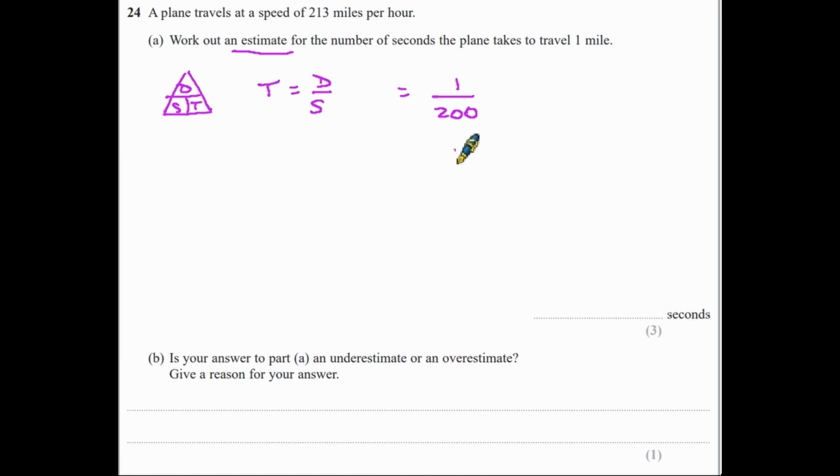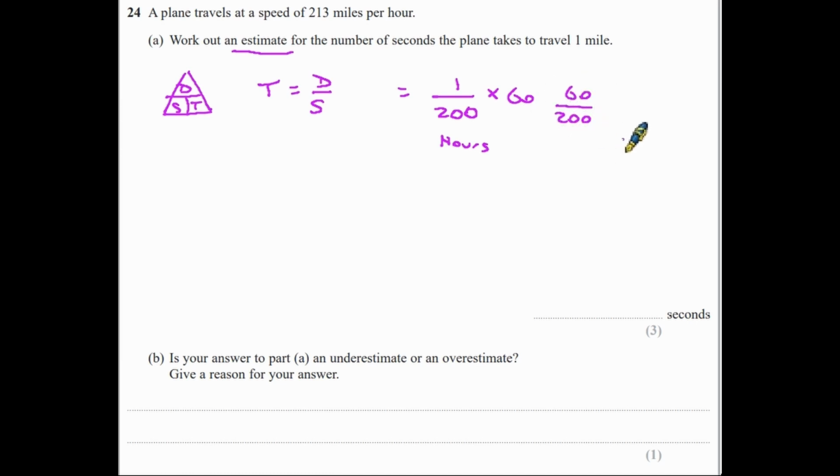But this is in hours. The distance is in miles, the speed is in miles per hour, so the time is in hours. We've been asked for the number of seconds, so if we multiply this by 60, we get 60 over 200.